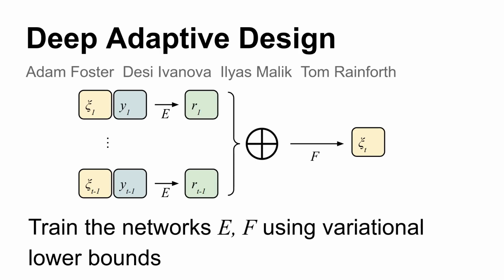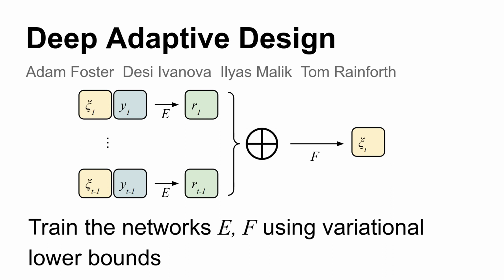And I just want to give you a few words on my current work, our current work in our group: how could we extend these ideas to sequential experiments? So not just designing one experiment, but a whole sequence. And this is something we've just released onto the arXiv, Deep Adaptive Design.